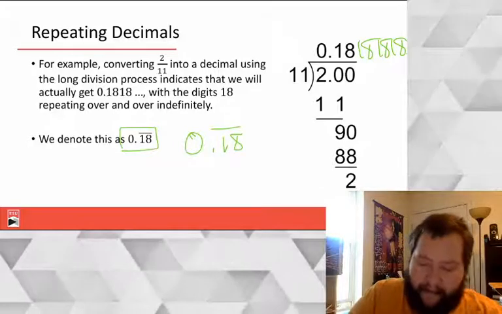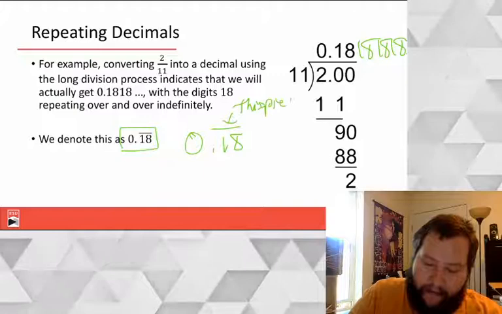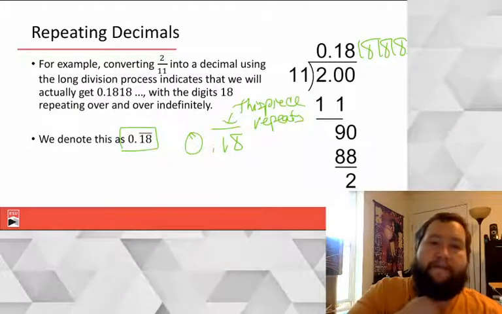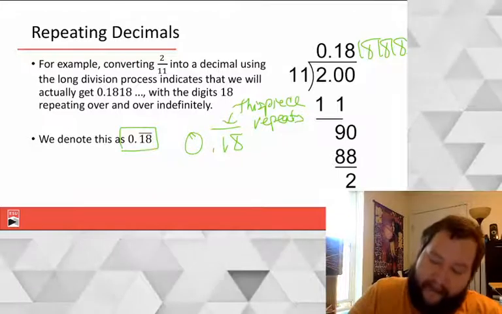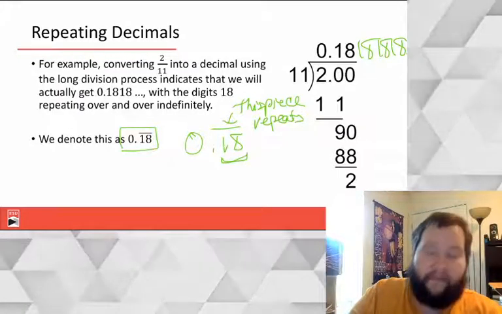And that bar means this piece repeats. In this case, the 0 doesn't repeat, it just sits up front, but the 18 does.